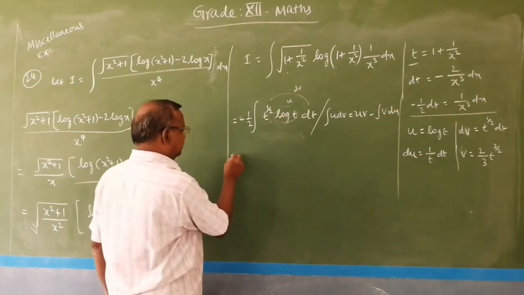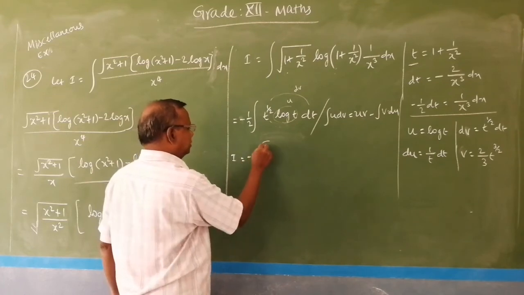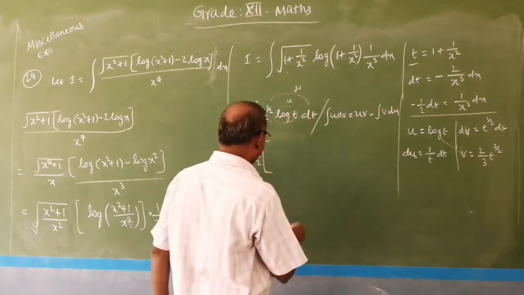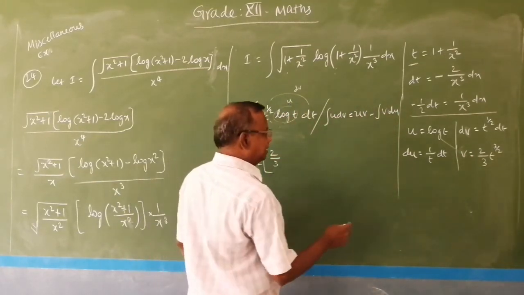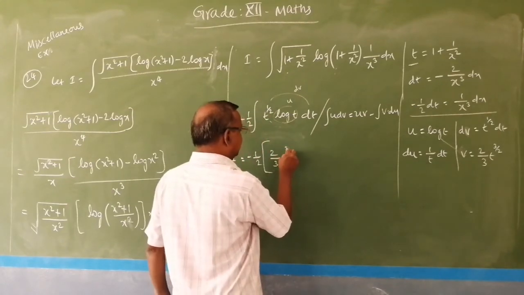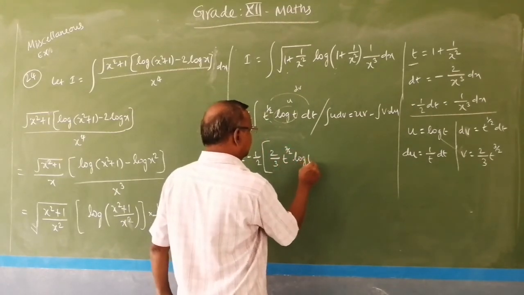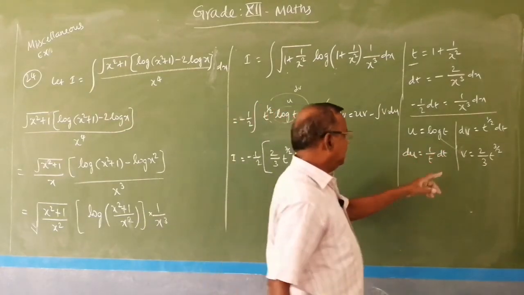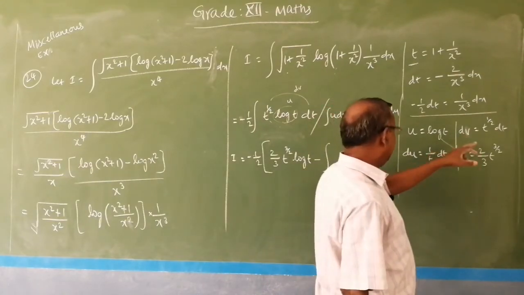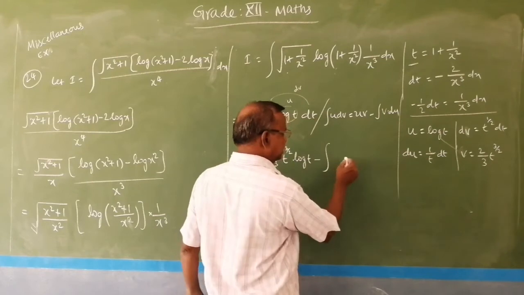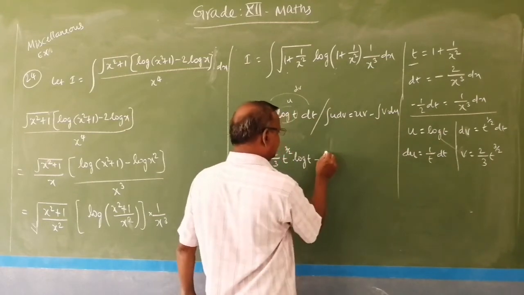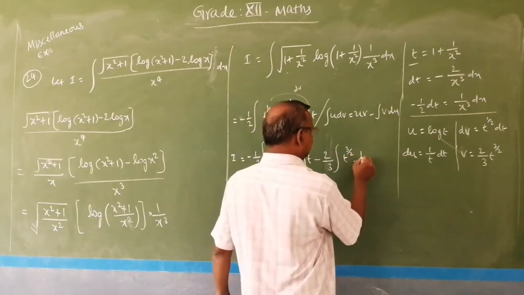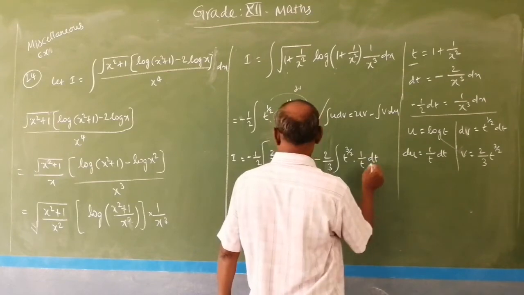So I equal to minus 1 by 2 common, and uv means 2 by 3 into t power 3 by 2 into log t, minus integral v du, that is 2 by 3 take outside, v into du, that is t power 3 by 2 into 1 by t into dt.